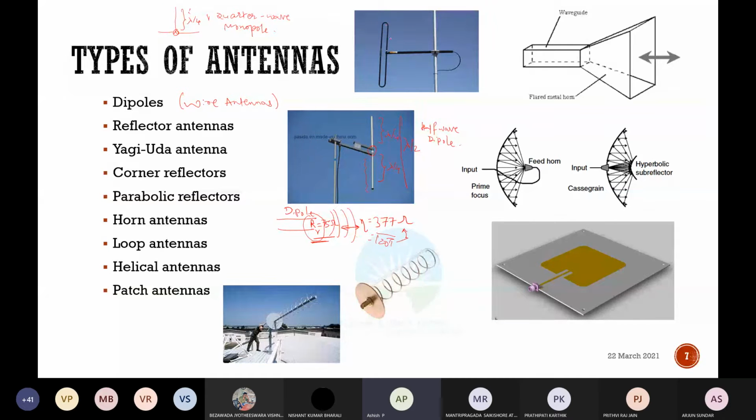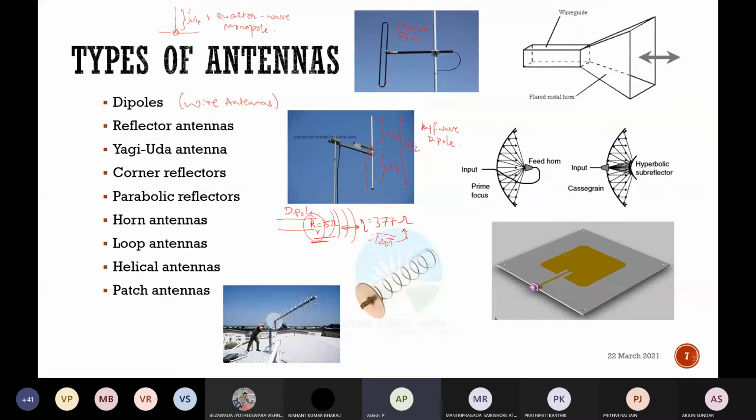So then what they have done is they have gone for this folded dipole. So the folded dipole looks like this. The radiation resistance depends upon the number of folds. So if you go for 4 folds, then it will increase 4 into 75 like that.